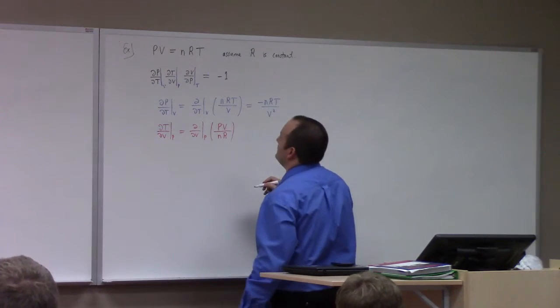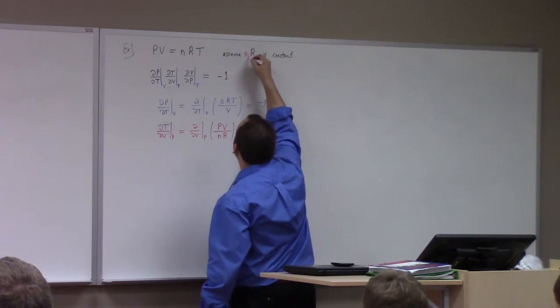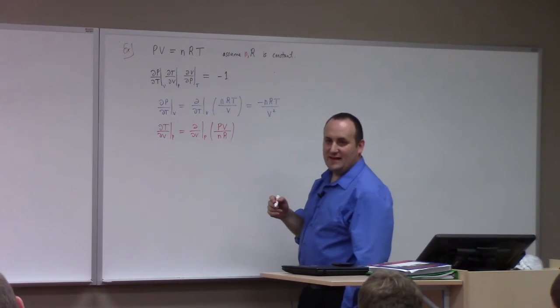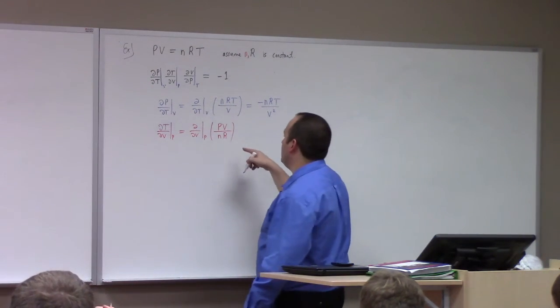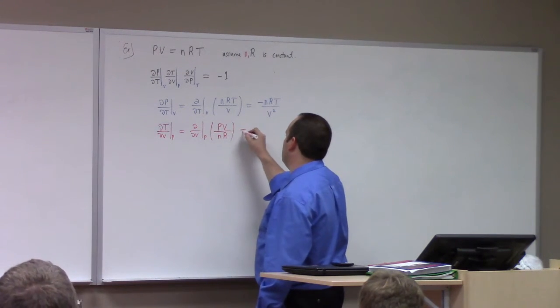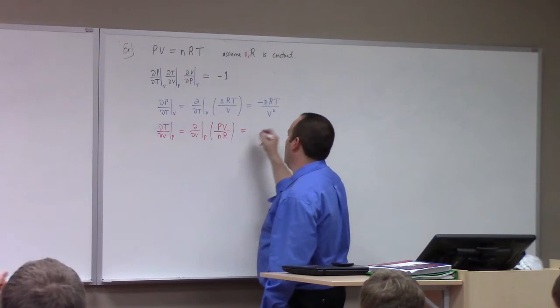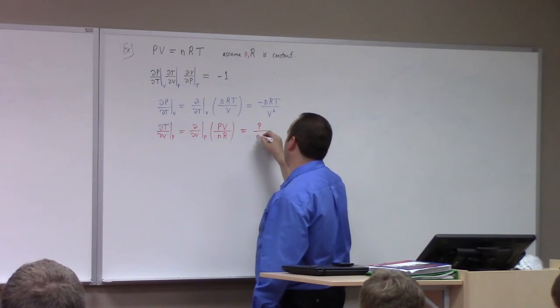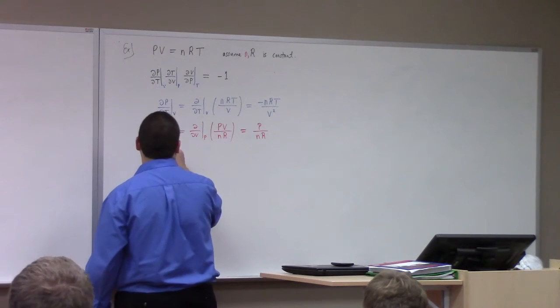Oh, I guess you could have complained I didn't say that n was constant. Oops. I mean, n is the number of moles. It doesn't have to be constant. This is the ideal gas law, right? What do we got here? Oh, how about just p over nR, right? That one was easier. What's partial v, partial p?